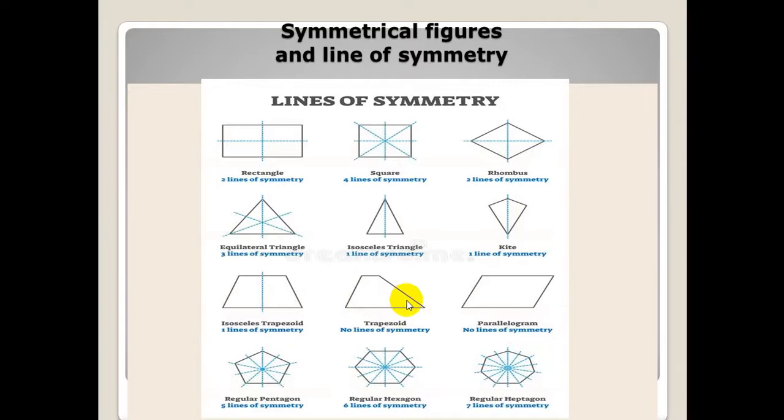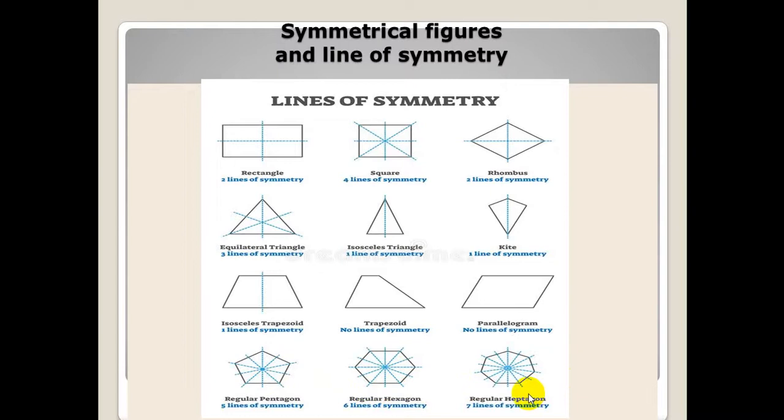Trapezium, just trapezium, has no line of symmetry. Parallelogram, no line. Pentagon: 5 sides, 5 angles, 5 vertices give me 5 lines of symmetry. Hexagon, we talked before: 6 sides, 6 angles, 6 vertices give me 6 lines.